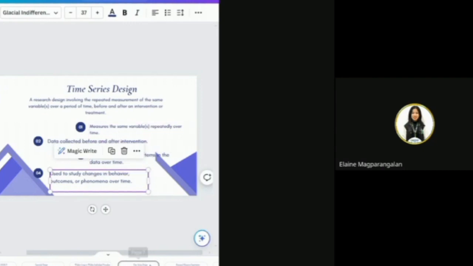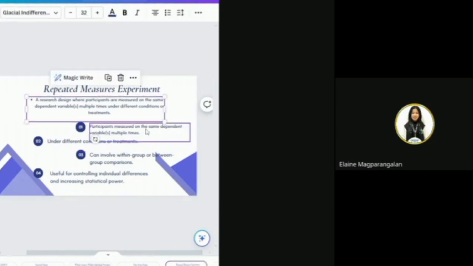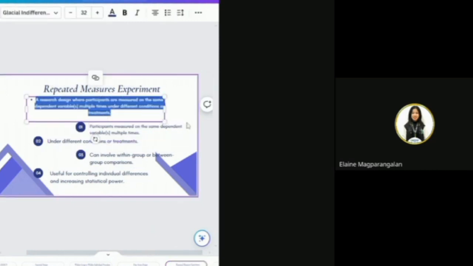Okay. Now, the next one is the repeated measures experiment. In here, a repeated measures experiment is a research design where participants are measured on the same dependent variables multiple times under different conditions or treatments. This can involve within group comparisons. Just like what I said earlier, the within group or within individual design involves the repeated measures experiment.